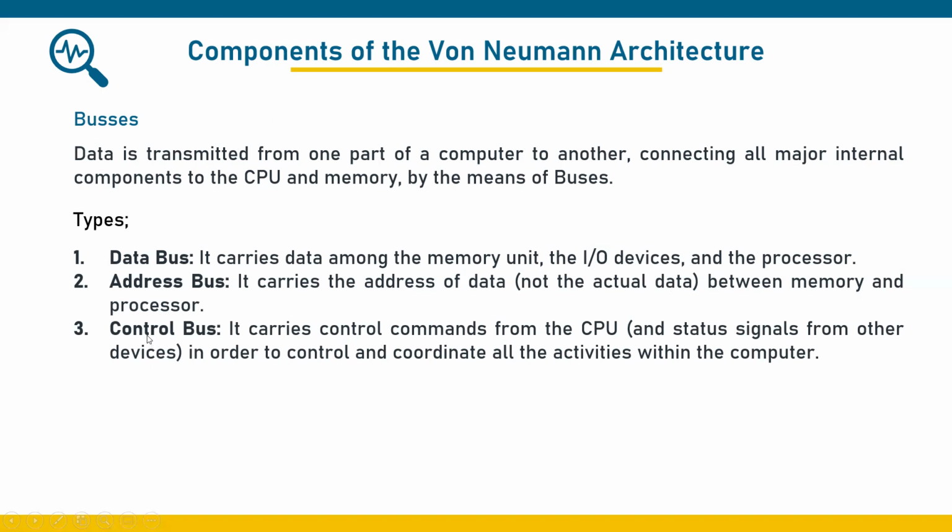Third one is control buses, which carry control commands from the CPU and status signals from other devices in order to control and coordinate all the activities within the computer.